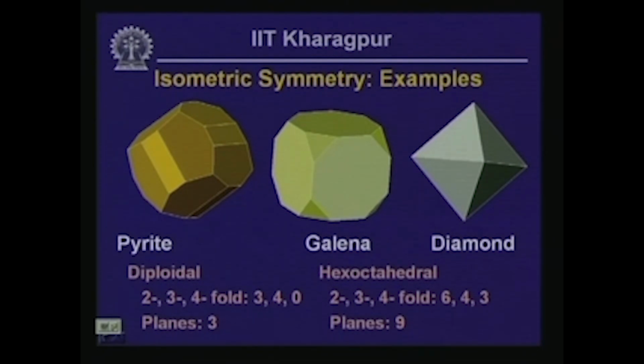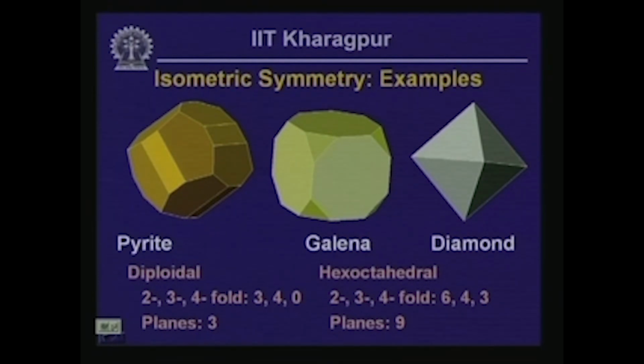It has 3 planes of symmetry, and as I mentioned before, it has a center of symmetry as well. Now, you can see here that it meets the minimum requirement of an isometric form. So, that is the reason this particular type of crystal can be classified as of the isometric family.